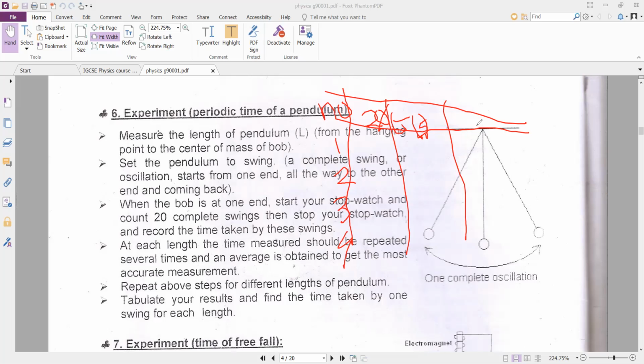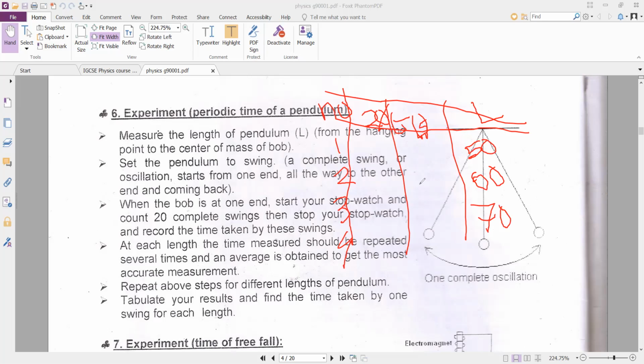In another column we can write the length, meaning how long the wire is, for example 50 centimeters, 60 centimeters, and 70 centimeters.